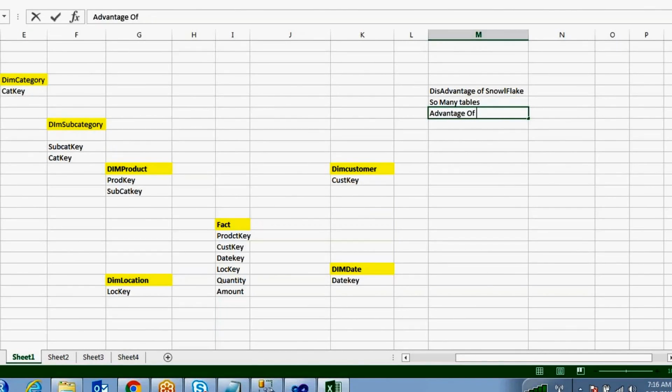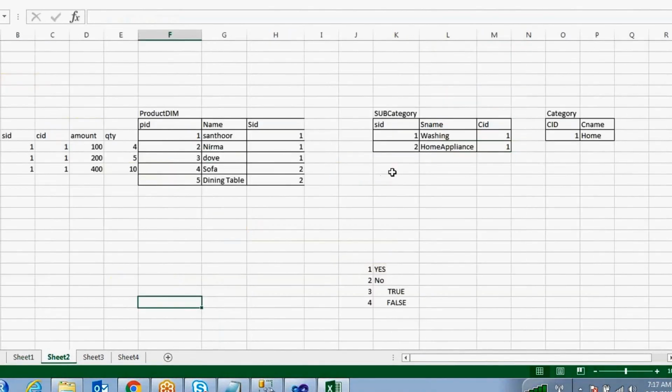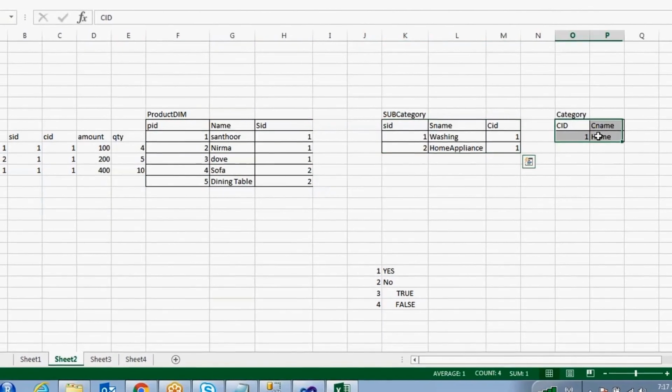What is the advantage of the snowflake? The advantage is reduced data redundancy. What do you mean by data redundancy? Come over here. I have a product table, a subcategory table, and a category table.